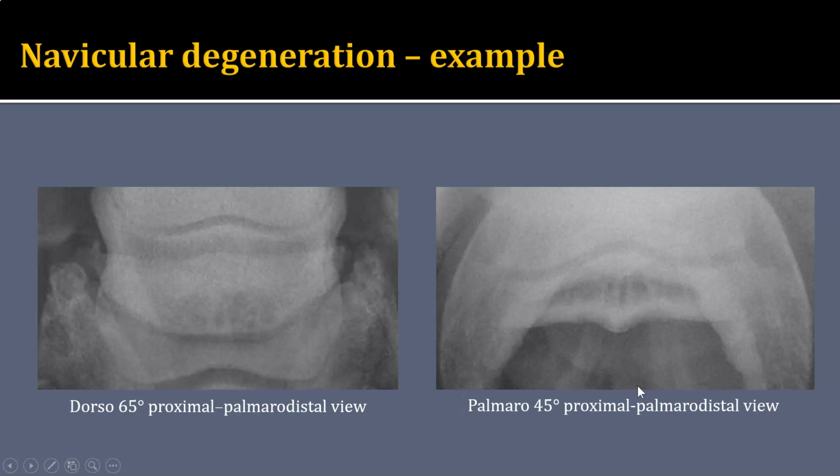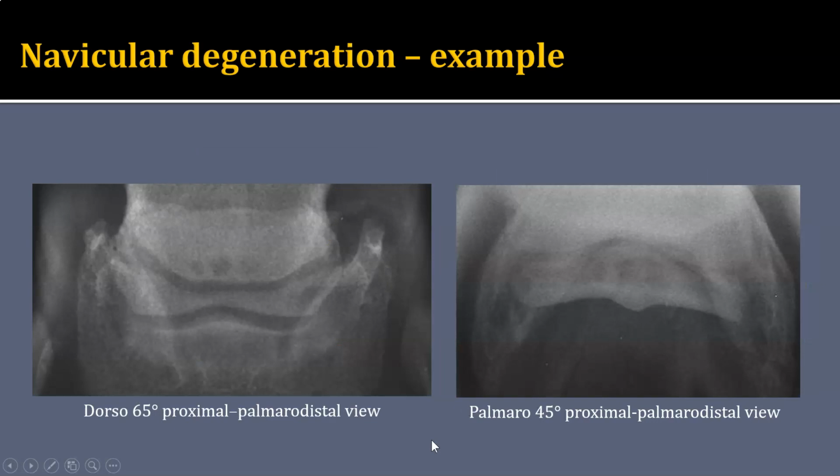On our skyline view, the additional important finding is that there is now some erosion along this flexor cortex. So these lucencies don't belong here, so that bone should be uniform. So there's flexor cortical erosion. This patient also has medullary sclerosis, so loss of distinction of that medullary to cortical interface there.